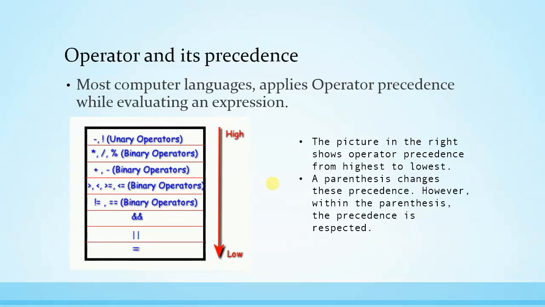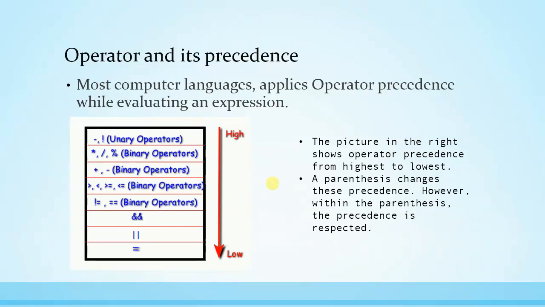Now we have talked about operator precedence from highest to lowest. What happens if an expression is formed between operators which are at the same level? Say, for example, the third highest precedence goes to plus and minus.